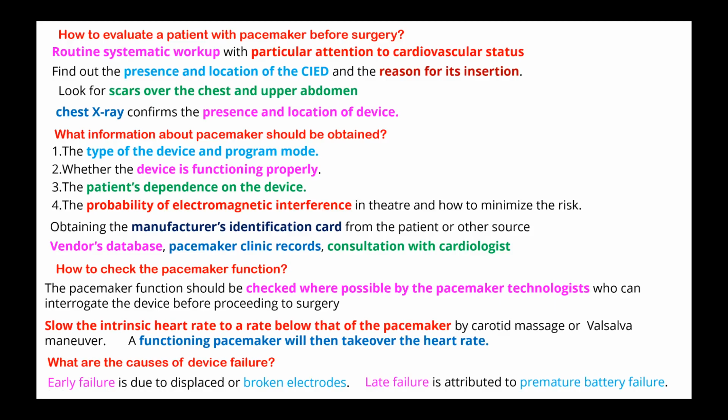The battery used in the pulse generator is a lithium iodide battery. Okay, and usually it has a life of 9 to 10 years once implanted, but sometimes it may die prematurely. So these are the two reasons for failure of the device. Then how to determine the patient's dependency on the implanted device?